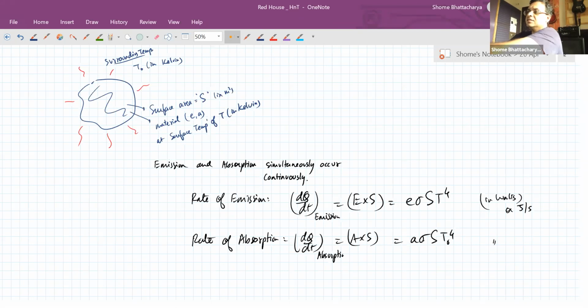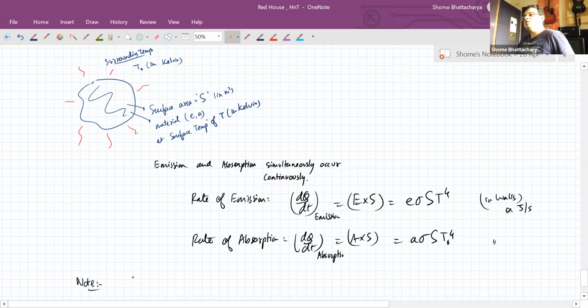So if net exchange is 0, that means the emission is exactly balanced by absorption, because emission causes the body to lose heat, absorption causes it to gain heat, but the net heat exchange is 0 because the body is in thermal equilibrium with the surrounding. That can only happen if the rate of emission is exactly balanced by the rate of absorption. So that's the first condition we'll see that occurs for radiation.